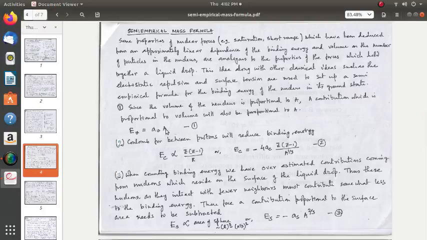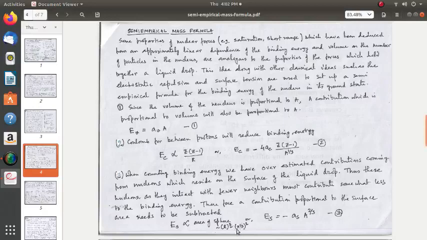So in some sense we have overestimated the contribution of nucleons which reside on the surface, so that amount has to be subtracted from the binding energy, and that should be proportional to R squared, because the area of the sphere depends on R squared.